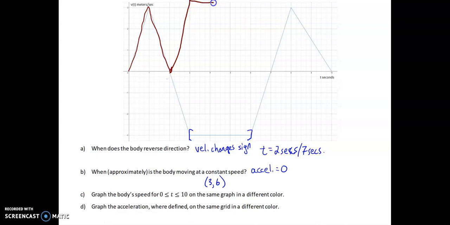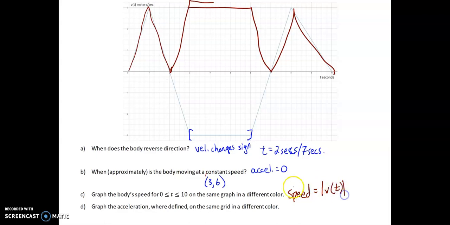Oh, that's just 3, I'm sorry. I can't read well sometimes. That's just going to go up to 3. This thing is going to go down, and then this piece is going to be exactly the same. So speed is just the absolute value of velocity. All negative values become positive, and all positives stay positive.